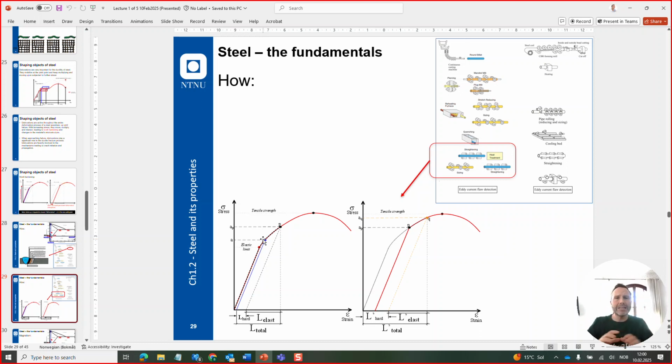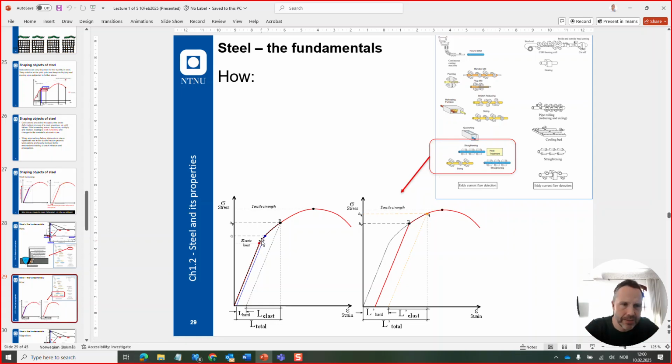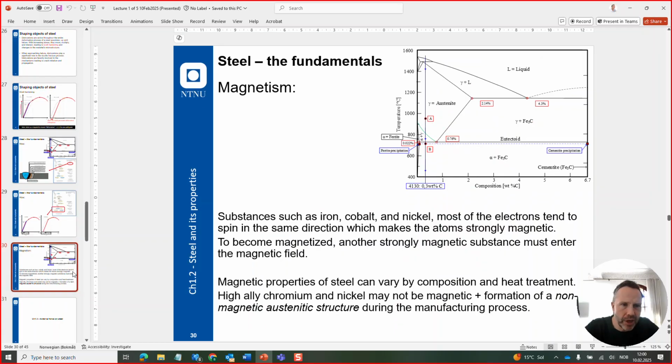I see the time is running out. I would just talk about a feature like magnetism. Some properties of steel would be influenced by these additives, which may influence the magnetism.